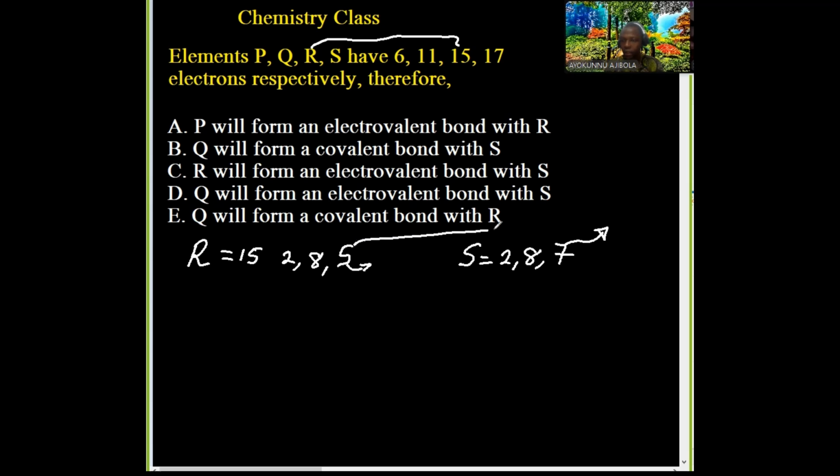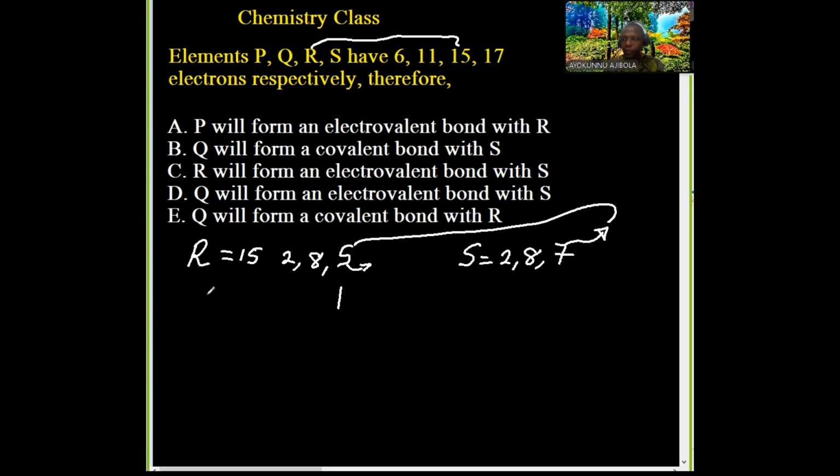There is no way this will form an electrovalent bond with S, because an electrovalent bond involves transfer of electron, and this is not ready to transfer just one electron. Is that clear? Yes, sir. For an electrovalent bond to be achieved, you have one electron in the outermost shell. So Moses, you wanted to say something. Never mind.